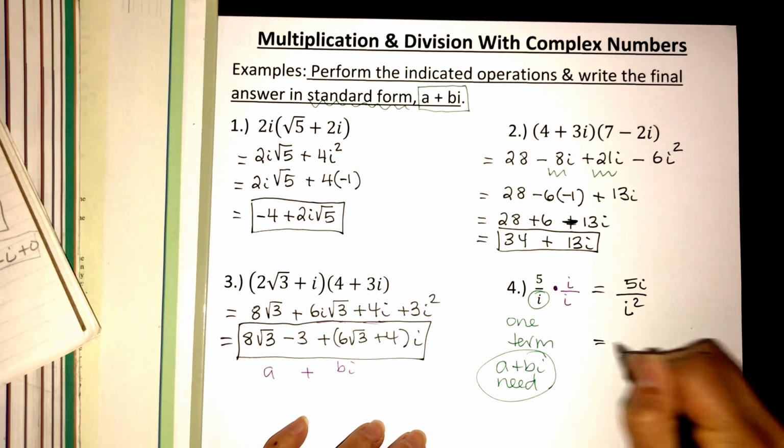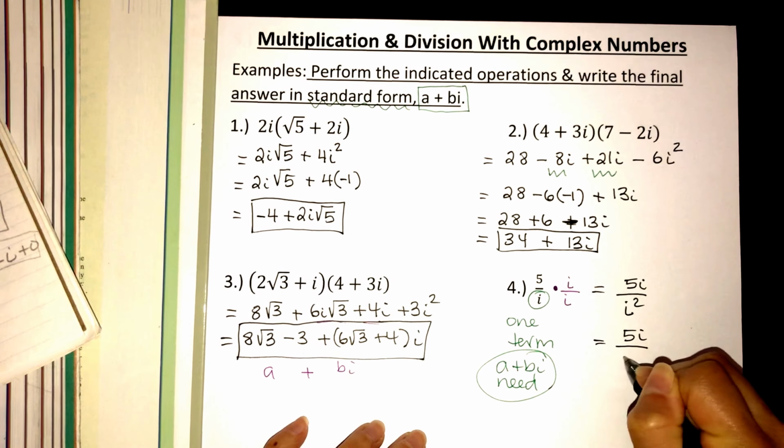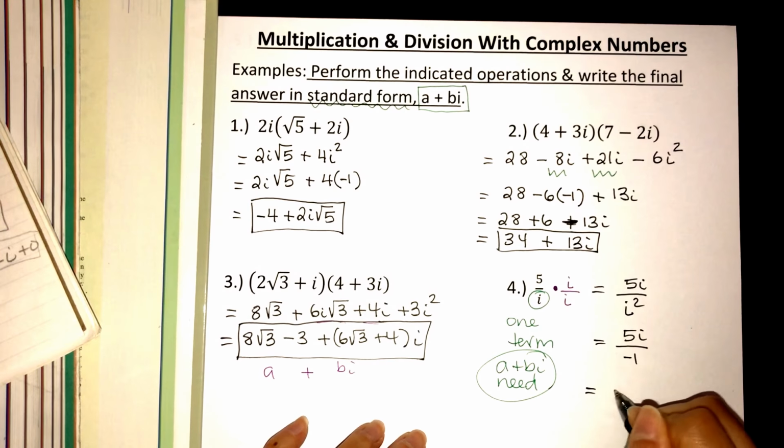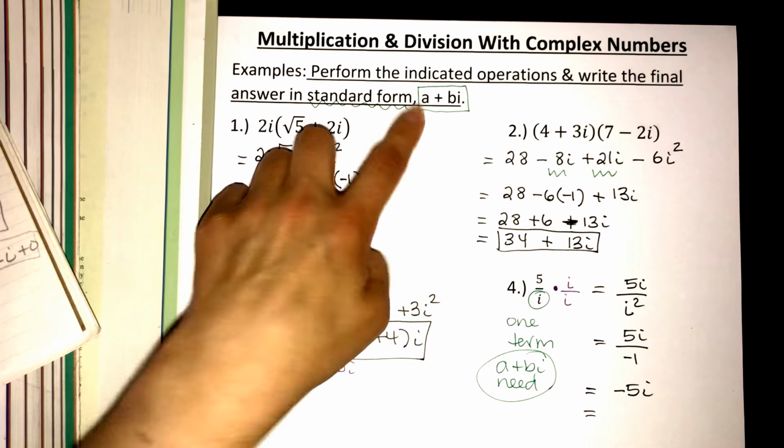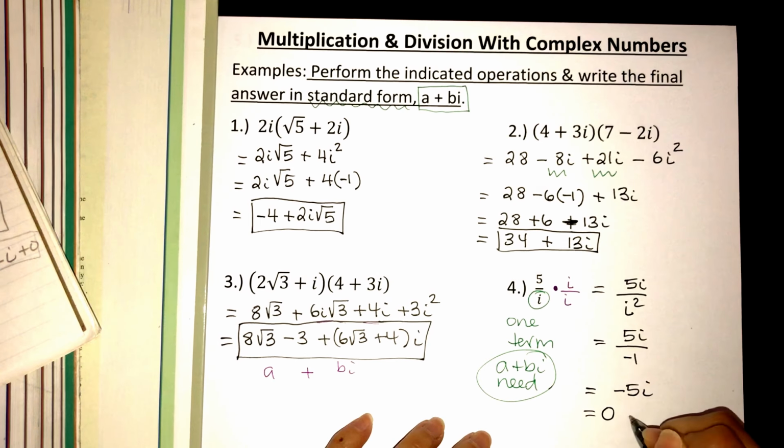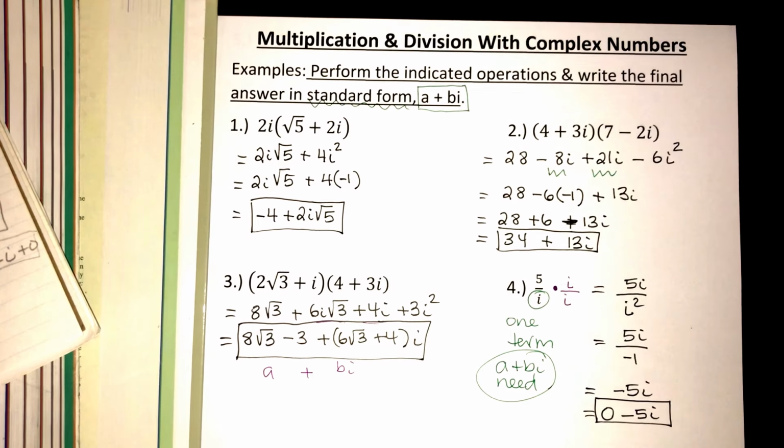So replace I squared with a negative 1. And so I have negative 5I. And I need to put this in A plus BI form. So how do I do that? Well, the A part, the real part, is 0. So I just write 0 minus 5I. Okay, so that's my final answer.